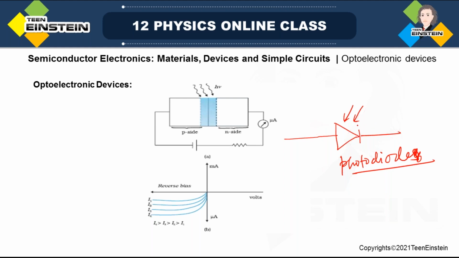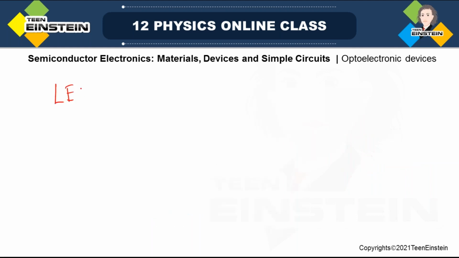This is the circuit symbol of a photodiode.